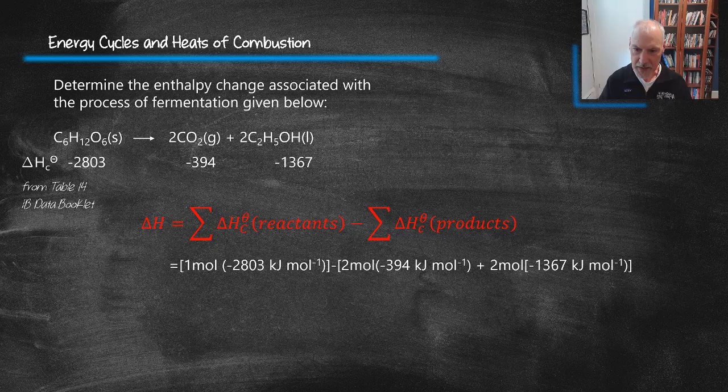That's in the first square bracket. In the second square bracket, I'm subtracting the enthalpy change of those: 2 moles of carbon dioxide at negative 394 each, and 2 moles of ethanol at negative 1367 kilojoules. Adding that up, I get an enthalpy change of 719 kilojoules, an endothermic process.